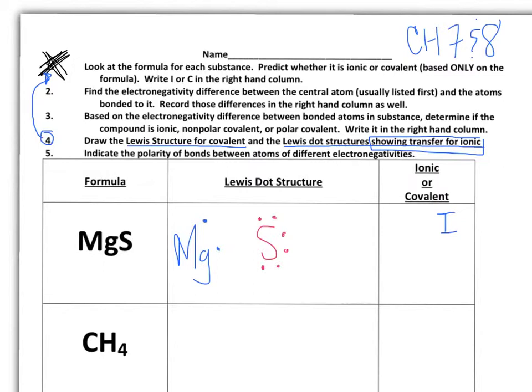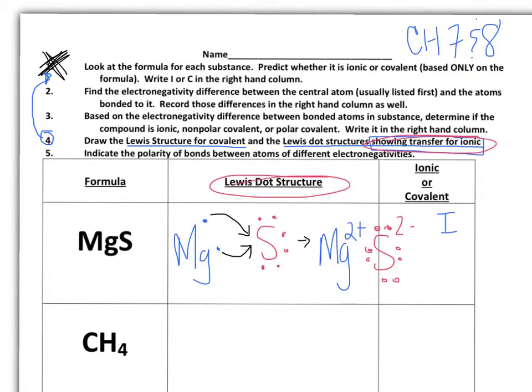And this magnesium electron will go here, this will go here, and then you are left with a magnesium that is 2 plus, and a sulfur that has 8 valence electrons, and it is 2 minus. That is how you do the transfer under this column for Lewis dot structure for only the ionic. Okay, so that is for ionic.